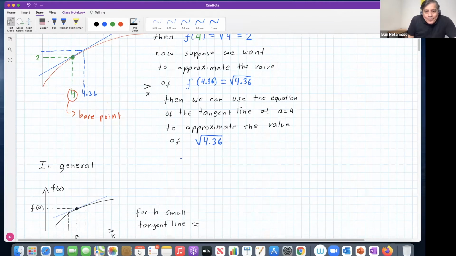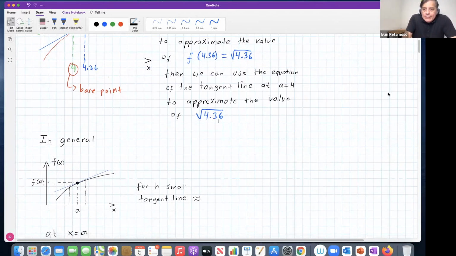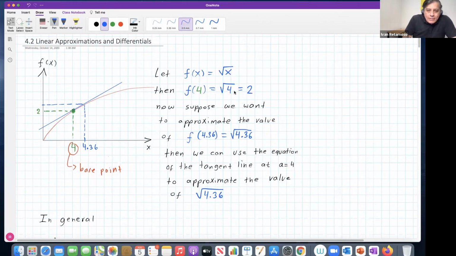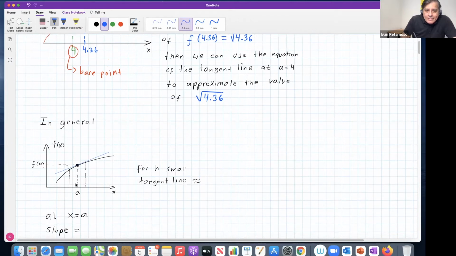All right, so here is the method that we're gonna follow to do this approximation. In general, if you have any curve, not necessarily square root of x, if you choose a base point a, and you go either to the right or to the left a small amount, relatively speaking, let's say you allow yourself to go h units to the right.